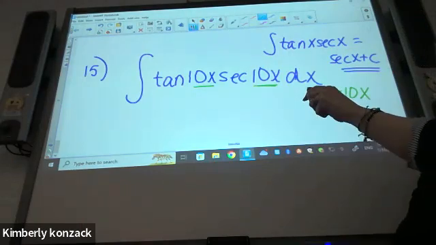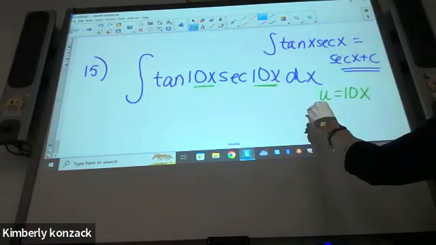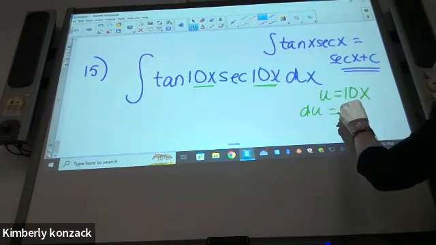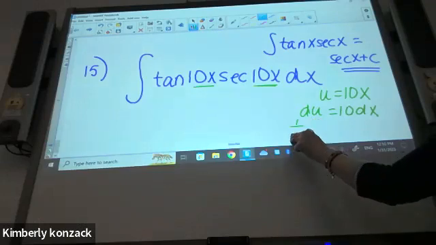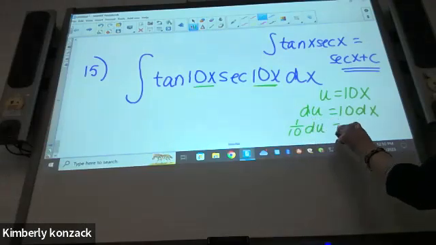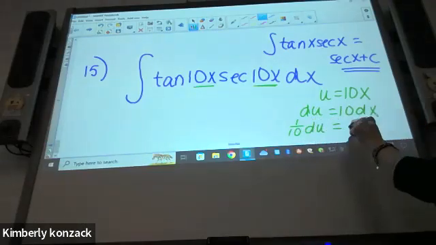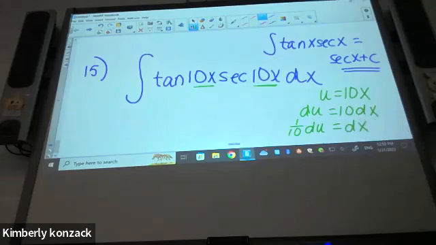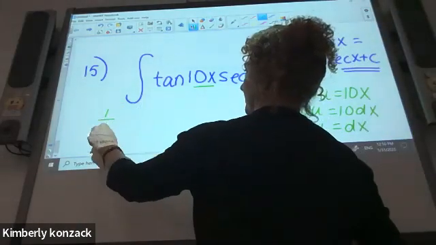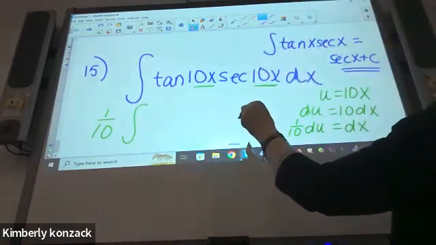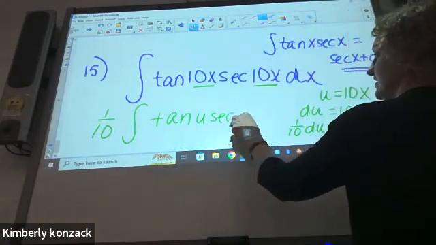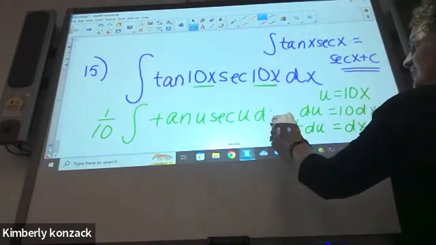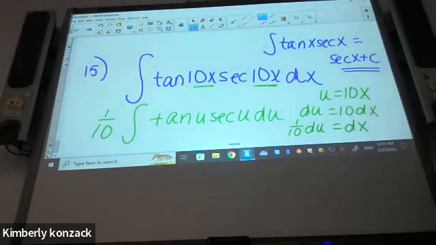Okay, so let's quickly do this before you have to go to the shop. What's du? 10 dx. Right, so that means du equals 10 dx. So I'm going to take out the 1/10, and I get the integral of tangent u secant u du.